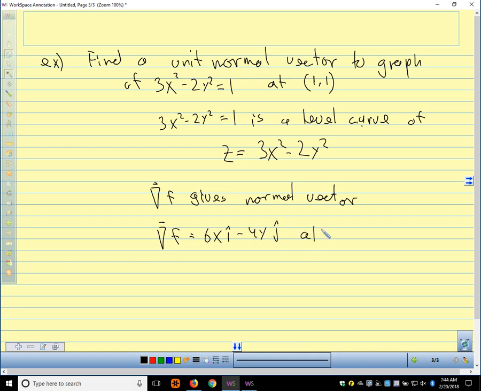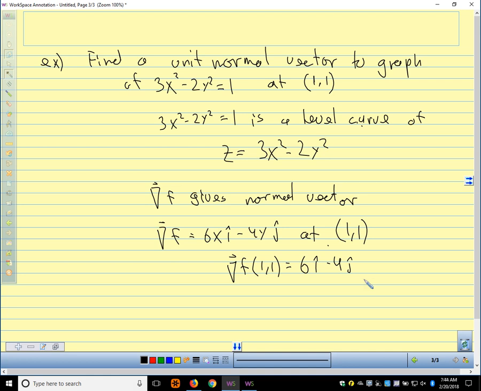And at (1, 1), del f(1, 1) is 6i hat minus 4j hat. So that's a normal vector.